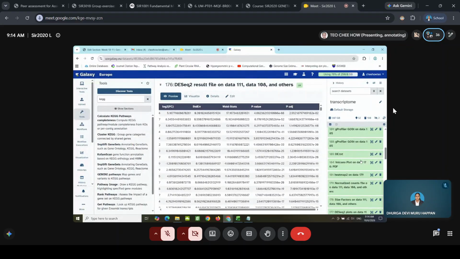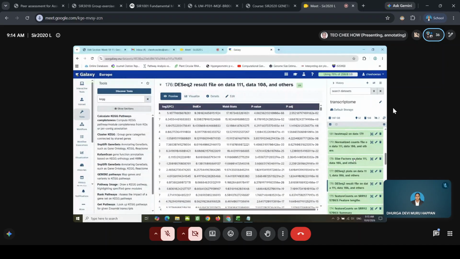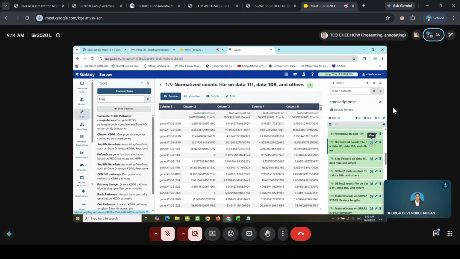Right. And for the background, you need to download this file, right? And then get the ID from here, from column number 1, and then remove this and use this as a background.